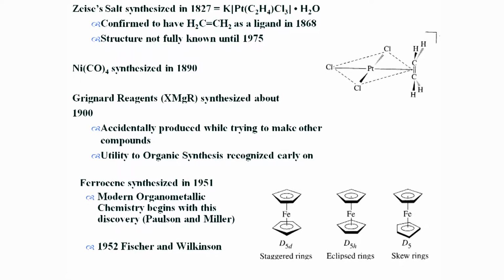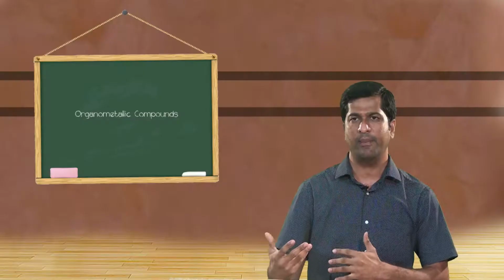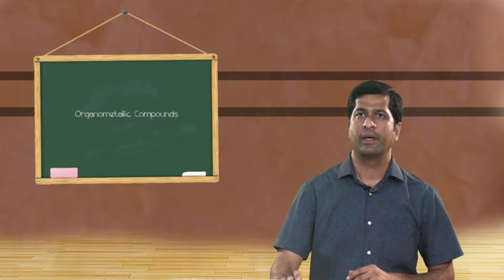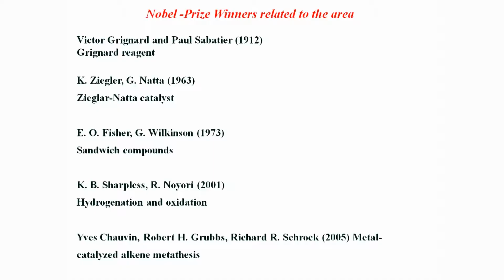After that, in 1890, the nickel carbonyl complex was prepared. In 1900, Grignard reagents were prepared. In 1951, ferrocene was discovered. These are the Nobel winners in the field of organometallic chemistry.